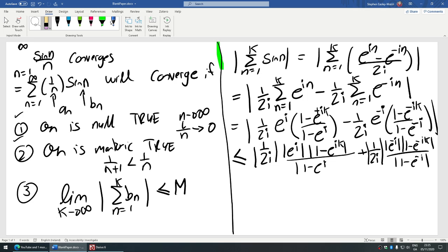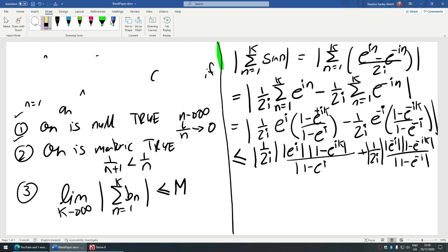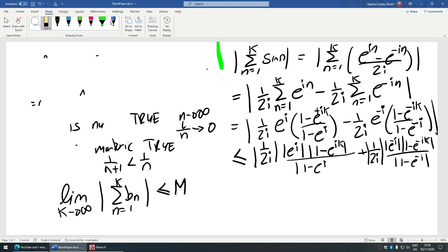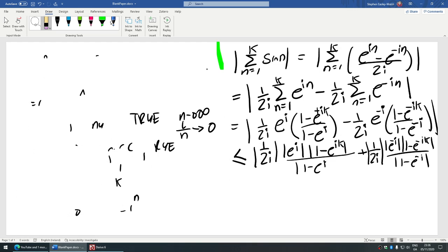Now I need to get a formula for all these 1 minus e^i terms. I'll just do it on the side here.